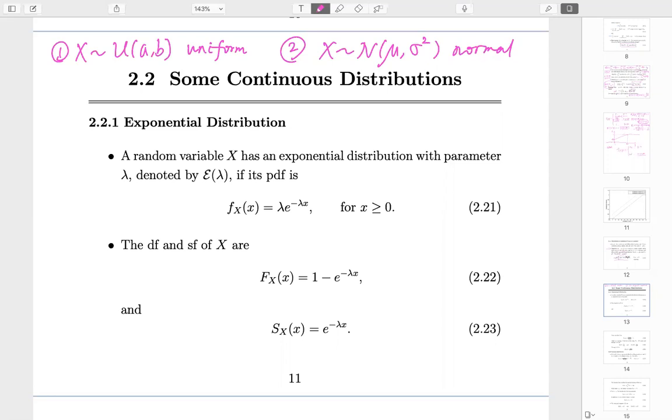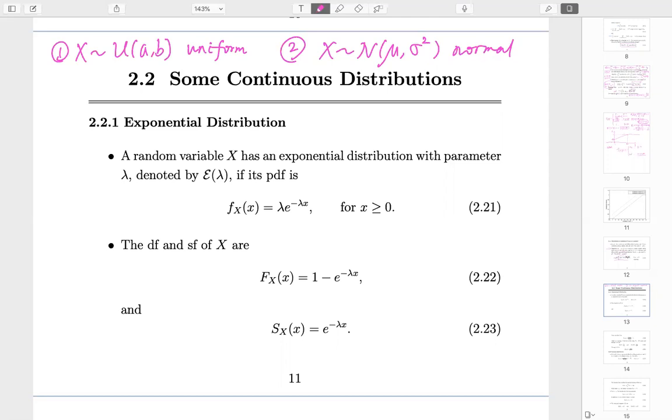But they are somehow useful in building some more sophisticated models. So I put them as some prerequisite, to say we also know these two continuous distributions.